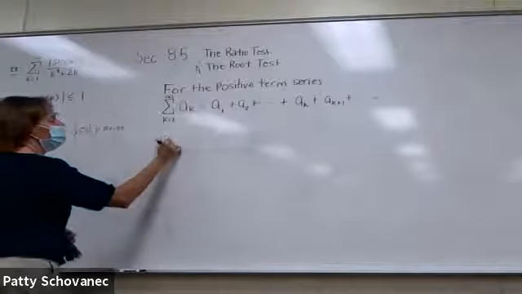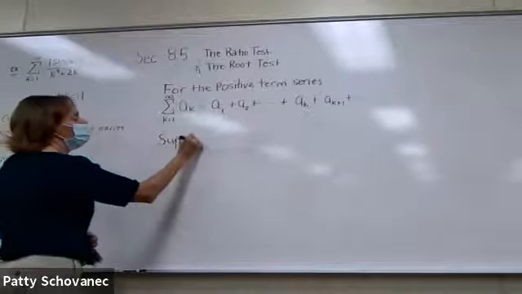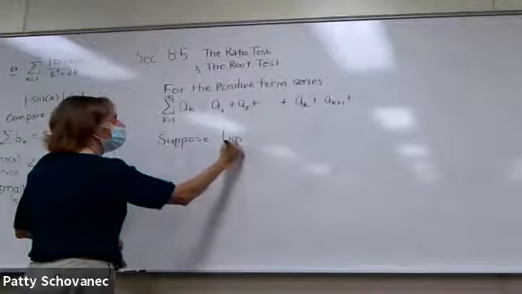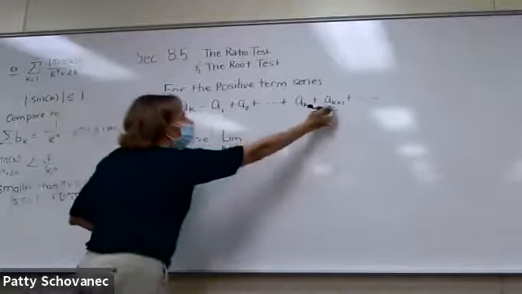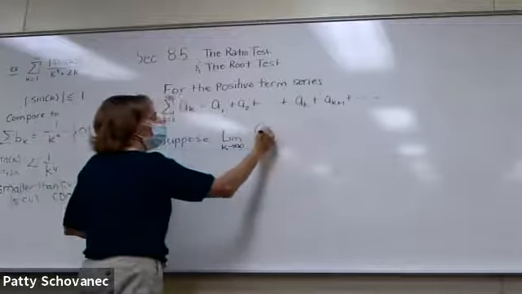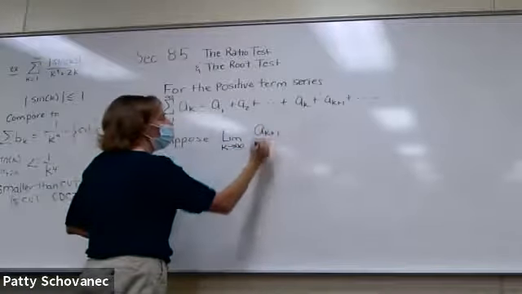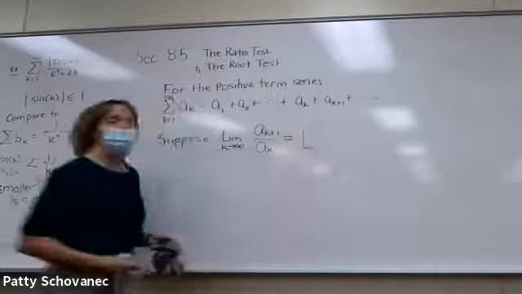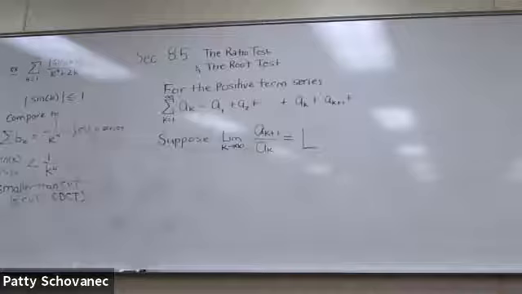Suppose you take the limit as k goes to infinity of the k plus first term over the kth term, and you get some number L. Well, if L is equal to 1, then that really provides little to no information.